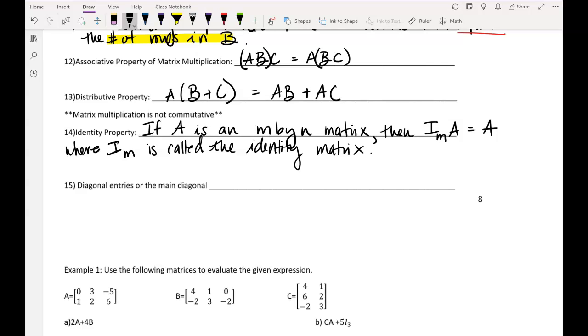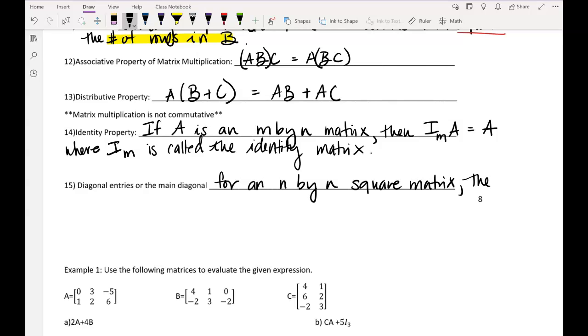And one more, diagonal entries or the main diagonal. So diagonal entries, aka the main diagonal, for an n by n. So if you have an n by n, now this is a square matrix, okay?